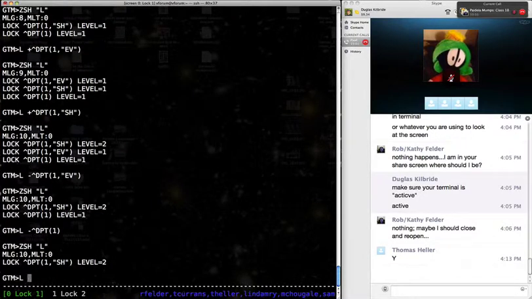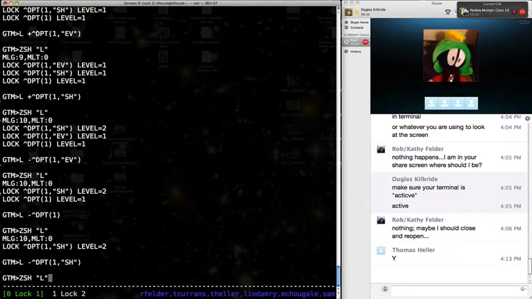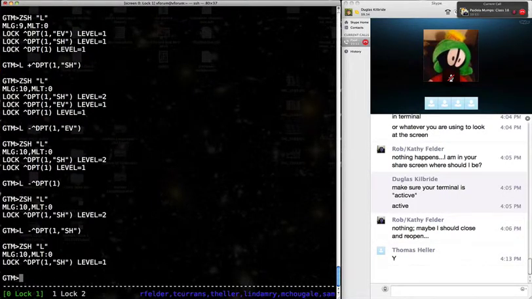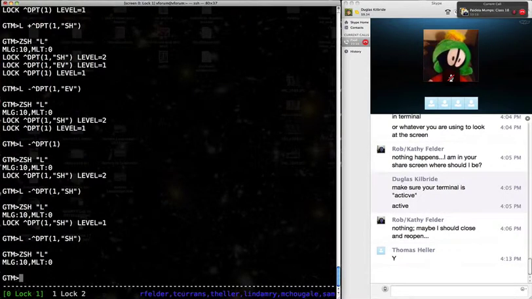Lock minus DPT of 1 comma SH. That is not quite gone because we have two of them. So we have to unlock it again. And here it is. Okay, very good. That pretty much covers the syntax.